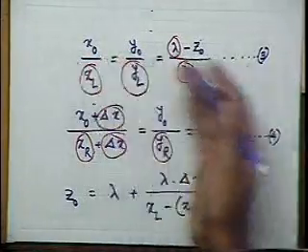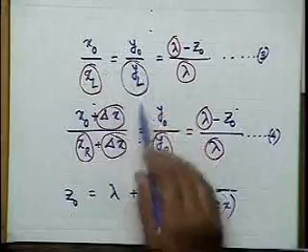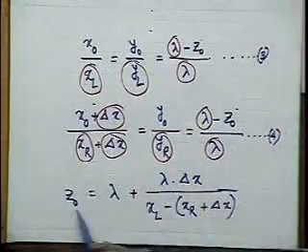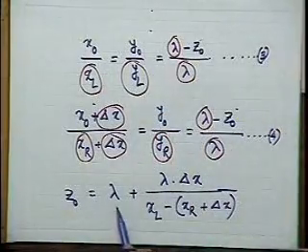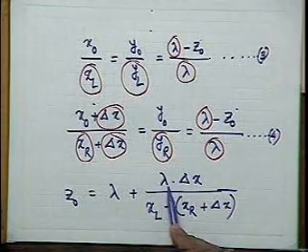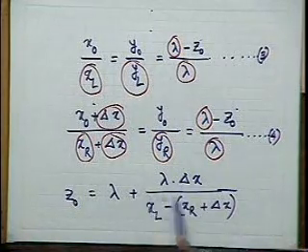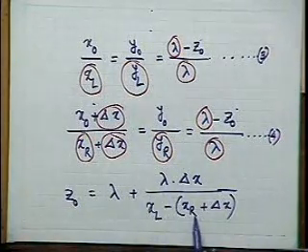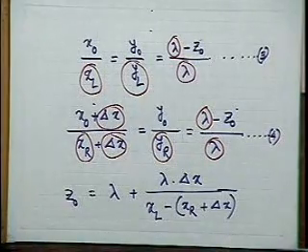Simply solve these equations and eliminate x0 and y0 from them, and you will get this expression: z0 equals lambda plus lambda multiplied by delta x divided by xl minus xr plus delta x.